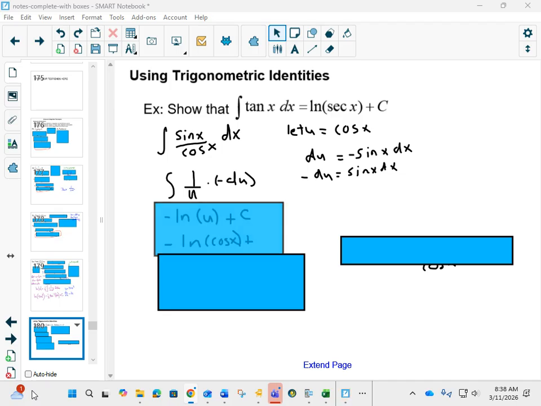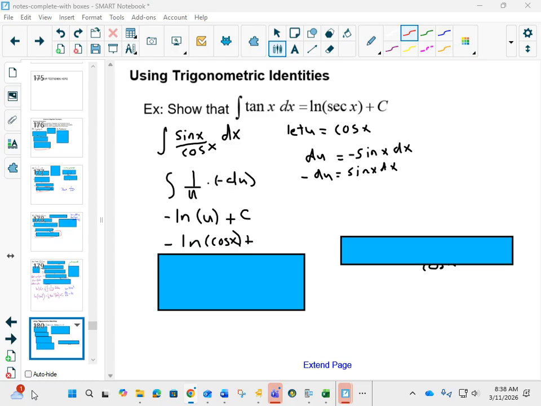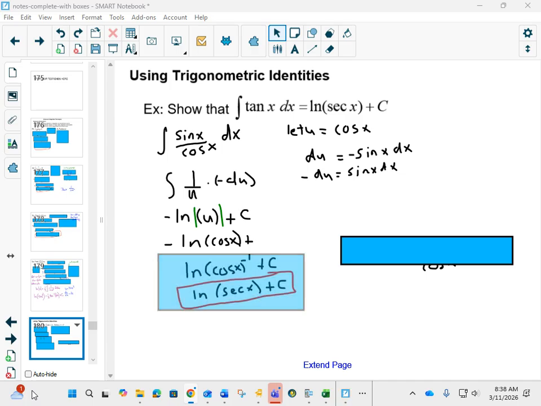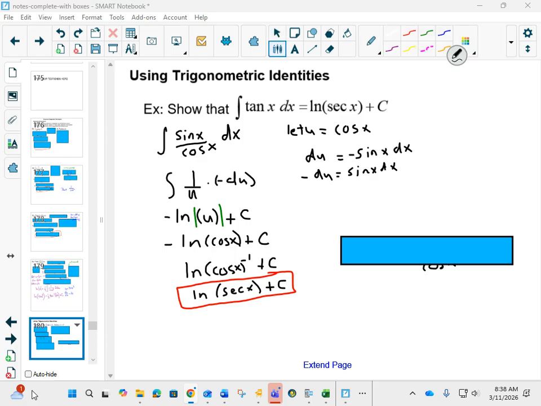which comes up as the natural log. Technically, add absolute values there. Maybe they show up. Yes, they do. And then I get negative natural log of cos x plus c.